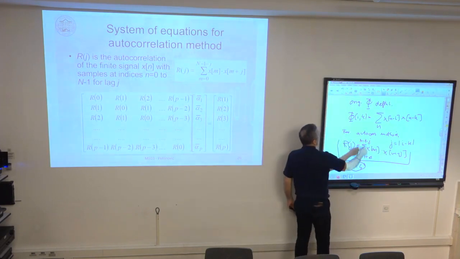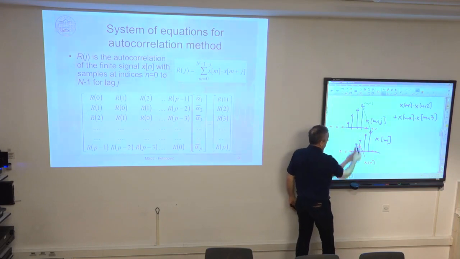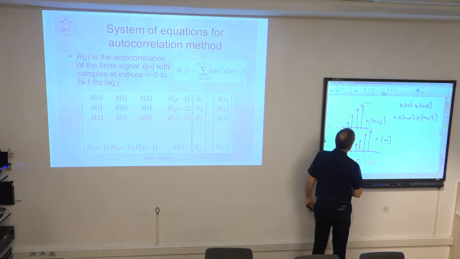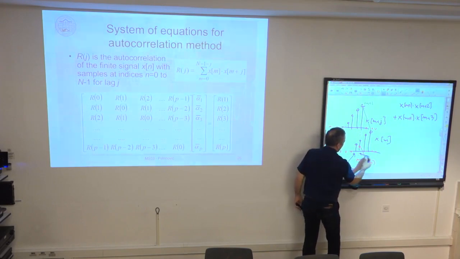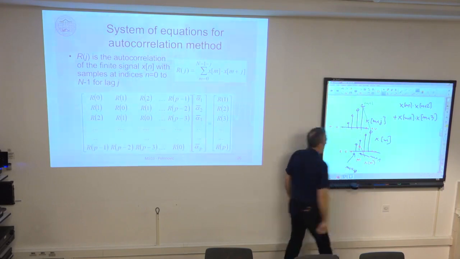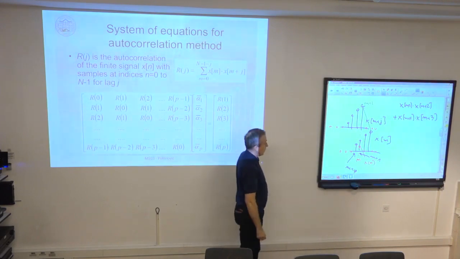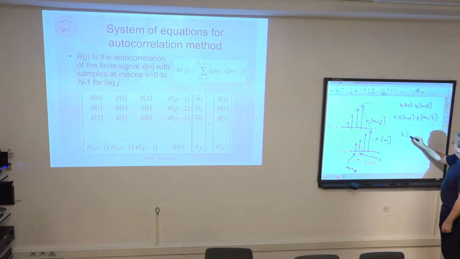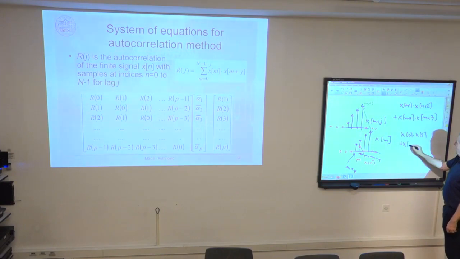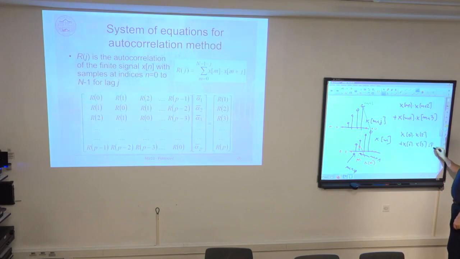So with such indexing, this position would correspond to m equal to 0, and this would be m equal to 1. So this means x of 0 times x of 2 plus x of 1 times x of 3. And that is R of 2.